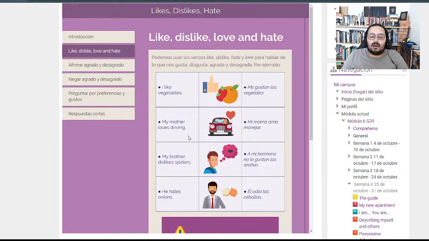When we talk about what we like or what other people like, if it's a noun, it's okay. I like vegetables. But if we are talking about a verb, an action, this action always has to be with the ing ending. Like in here, my mother loves driving. We cannot say my mother loves to drive.